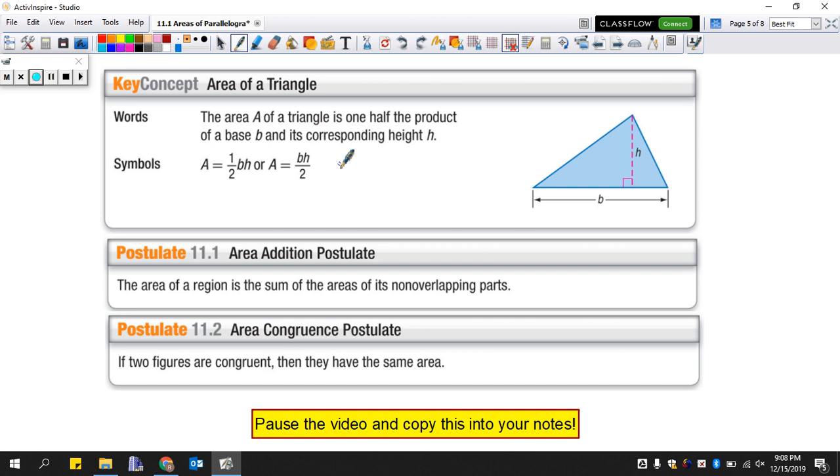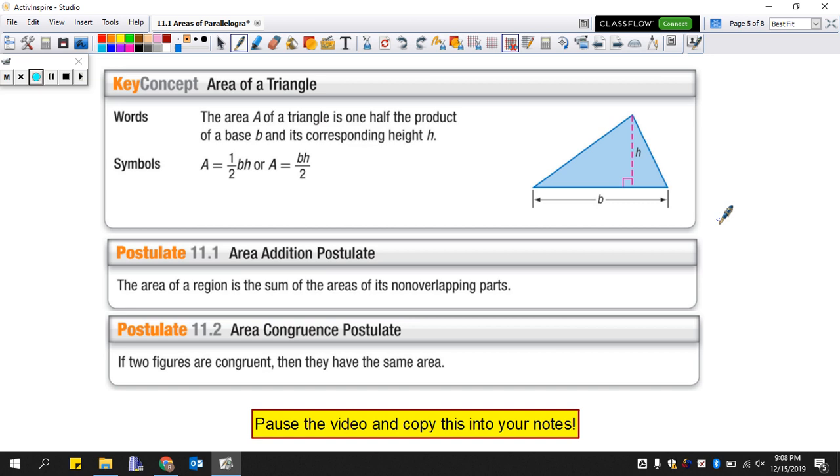All right. And there are two postulates that go along with area. Postulate 11.1, the area addition postulate, says the area of a region is the sum of all of its non-overlapping parts.